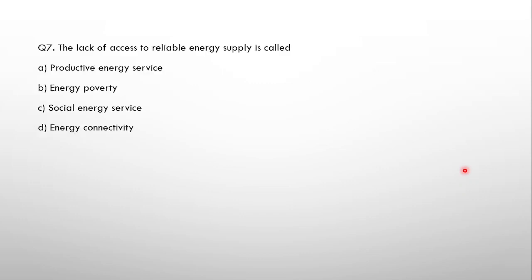The next is the lack of access to reliable energy supply is called A, productive energy service, B, energy poverty, C, social energy service, or D, energy connectivity. Okay. The question again, lack of access to reliable energy supply.